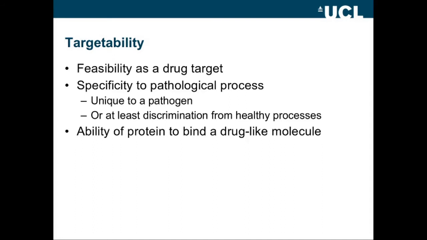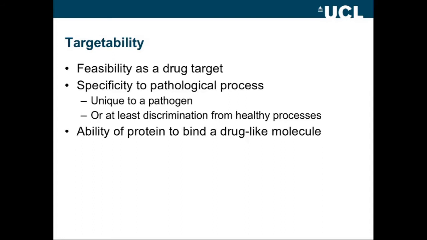However, the word targetability can also refer to the ability of a protein to bind to a drug-like molecule. So, for example, things like hormones often are not targetable for small molecule drugs because they don't have pockets into which drugs can bind.